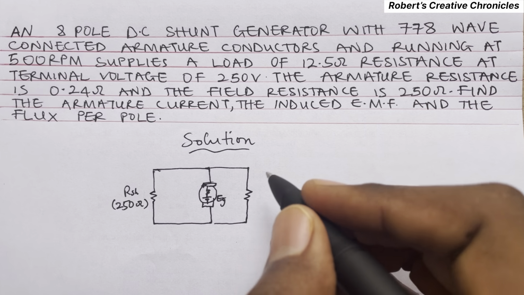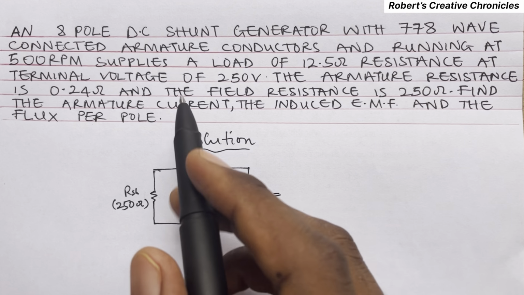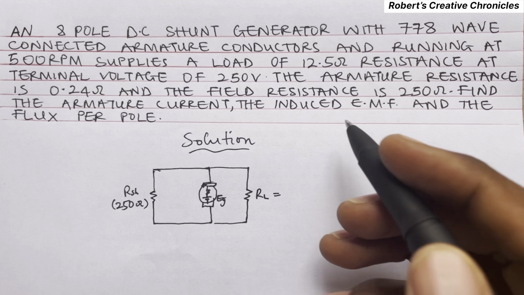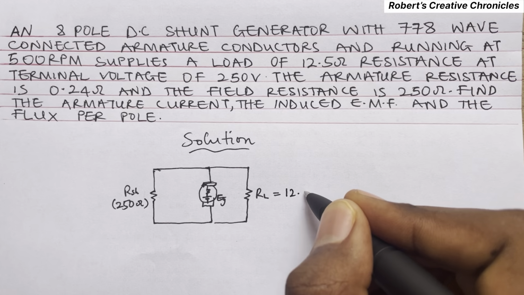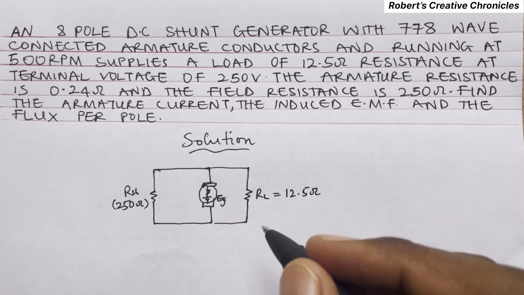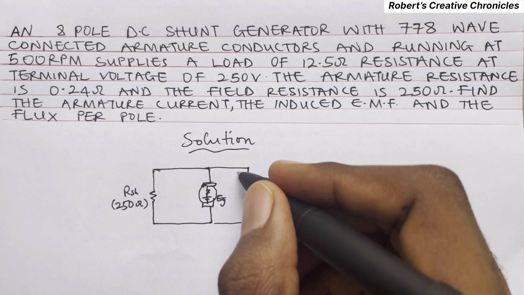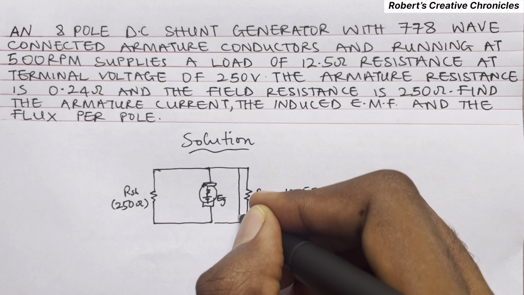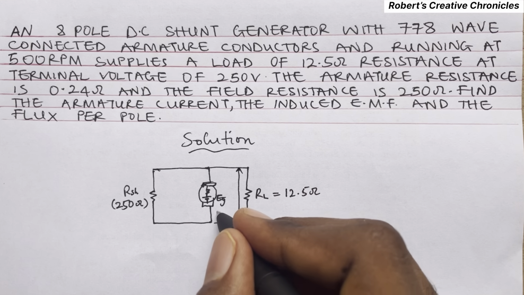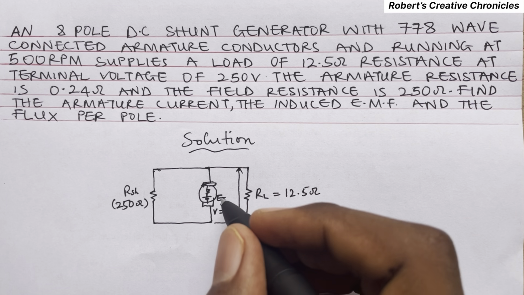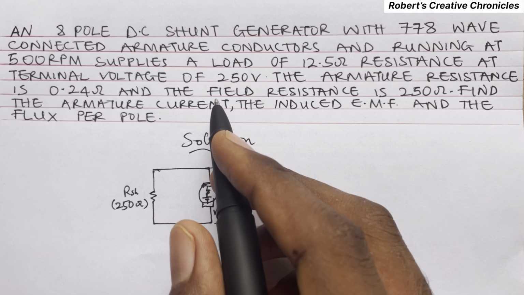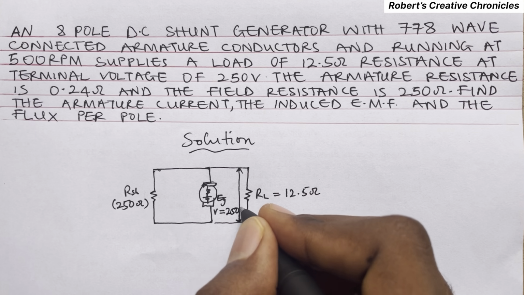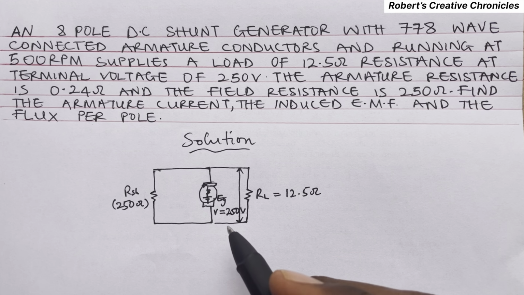So here is the load resistor RL, which supplies a load of 12.5 ohm. So this is 12.5 ohm. And the voltage here, the terminal voltage V, is 250 volts.